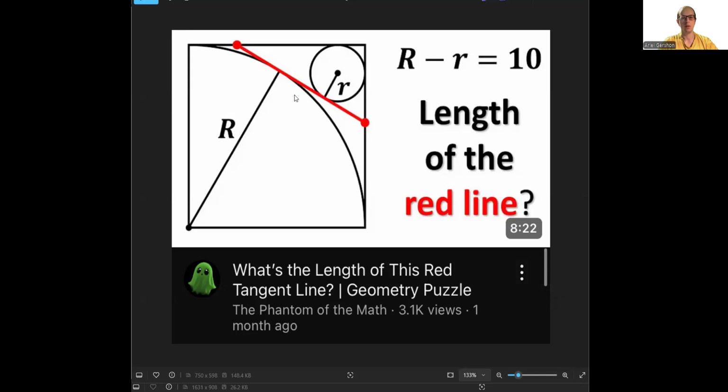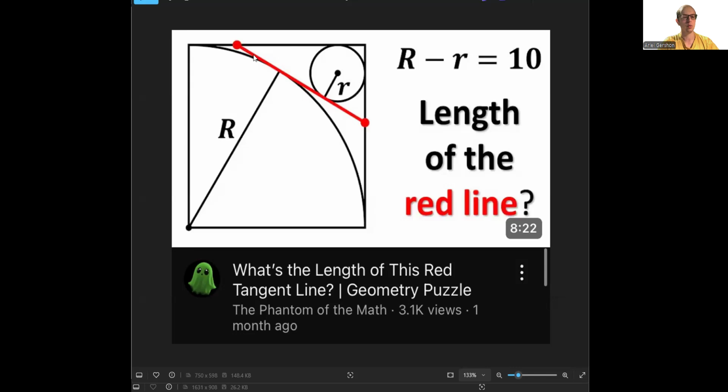Anyway, the striking thing about this problem for me is how little information is given. So what we have here is a square and a quarter circle inscribed in it with radius capital R. Then there's also a smaller circle with radius little r that's tangent to just two of the sides of the square.